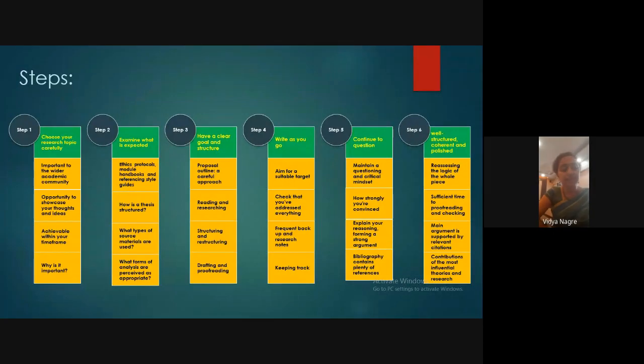Or, for example, if you are studying the quality of life, or you are working to improve the quality of life of tribal people, right? And if you have selected some particular tribes in the Western Ghats of Maharashtra, or let's say in Telangana, or somewhere in Tamil Nadu, one particular small district I have chosen.